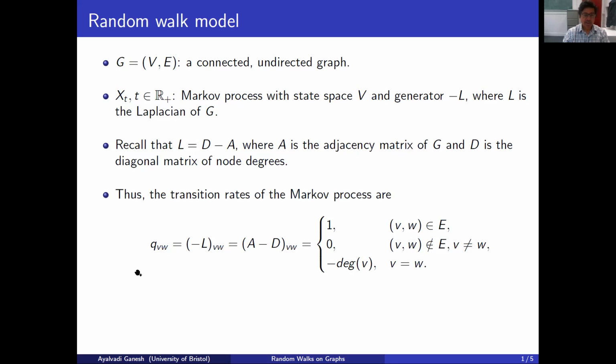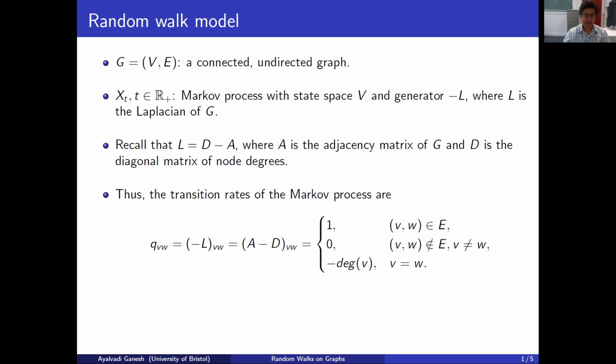So the transition rates we define to be given by minus L. The generator is minus L. So that's the adjacency matrix minus the degree matrix. The (v,w)th element of the adjacency matrix is 1 if there's an edge and 0 if there's no edge. And along the diagonal, we have minus the degrees.